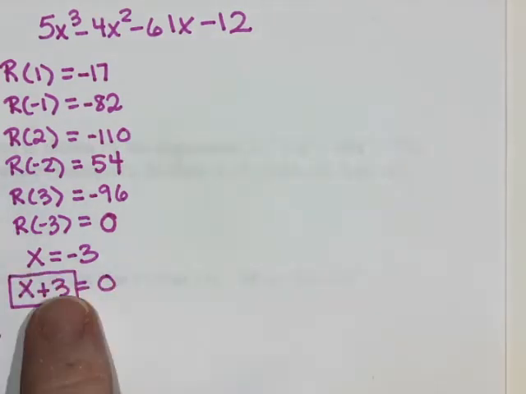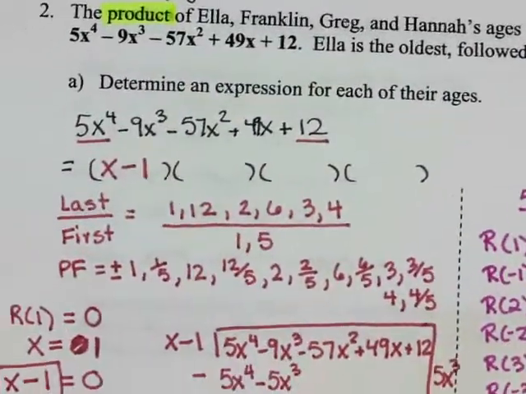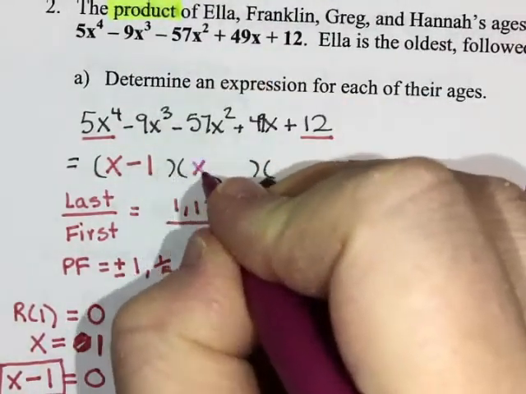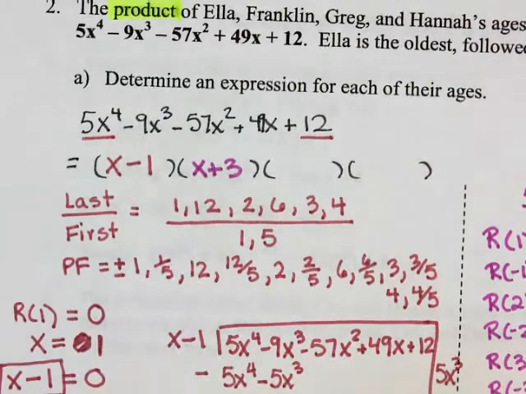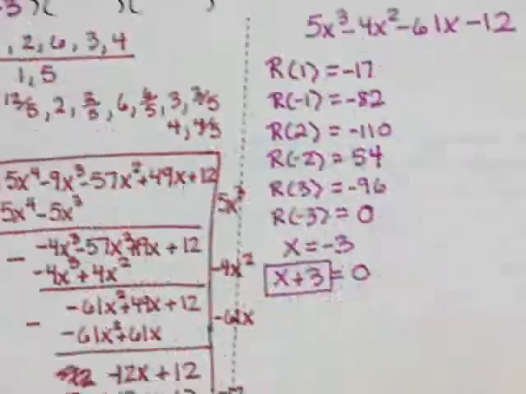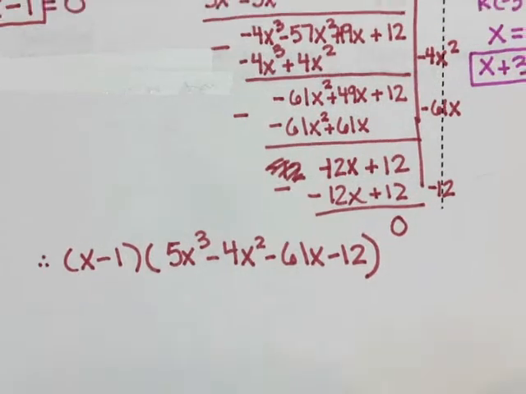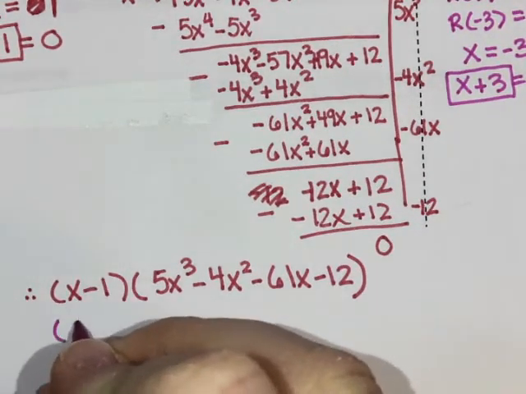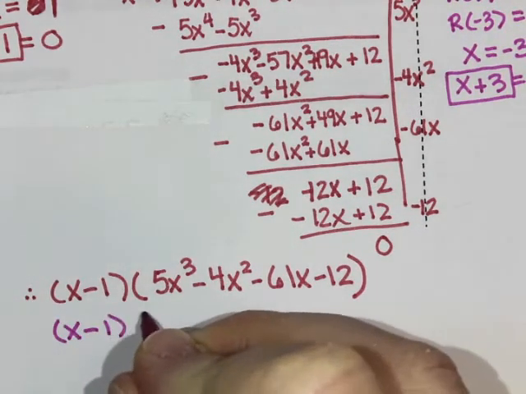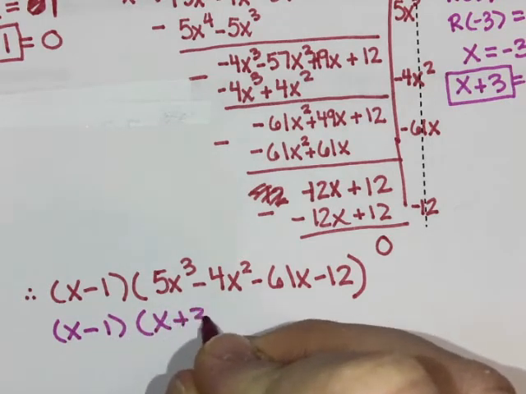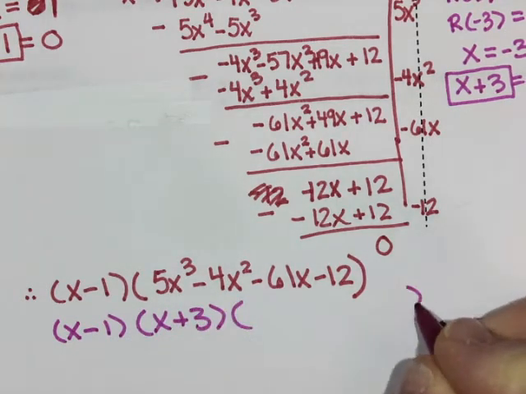So that tells me that one of these brackets is x plus 3. My expression so far is x minus 1 times x plus 3 times something.